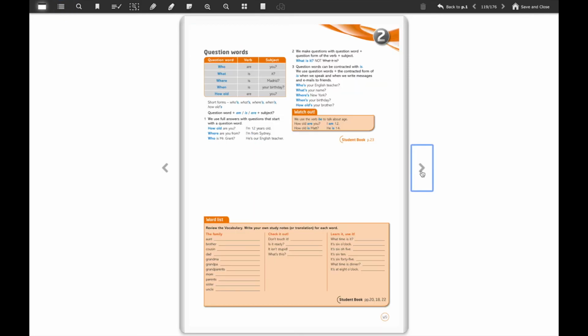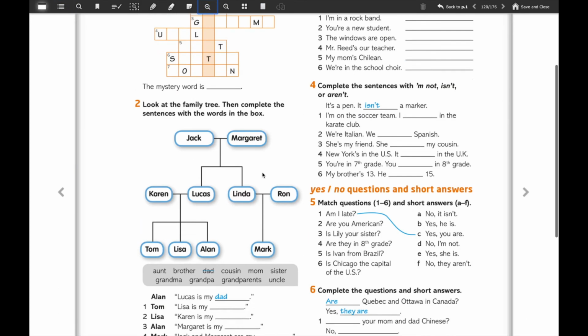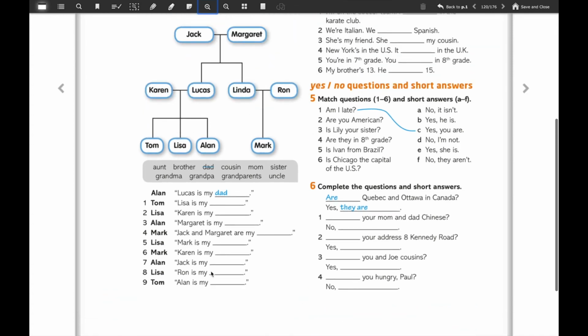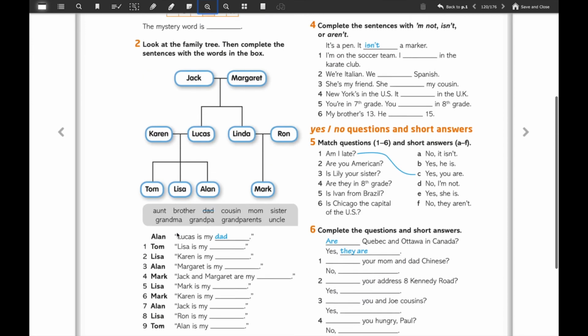On page W10 here. Page W10, okay? Página W10 del libro de tareas, está al final. Okay, so in the lesson of today, we're going to work with exercise 1 and exercise 2, okay?